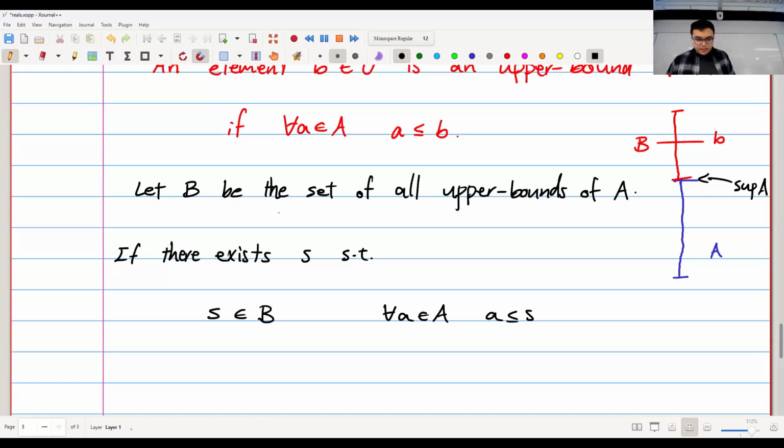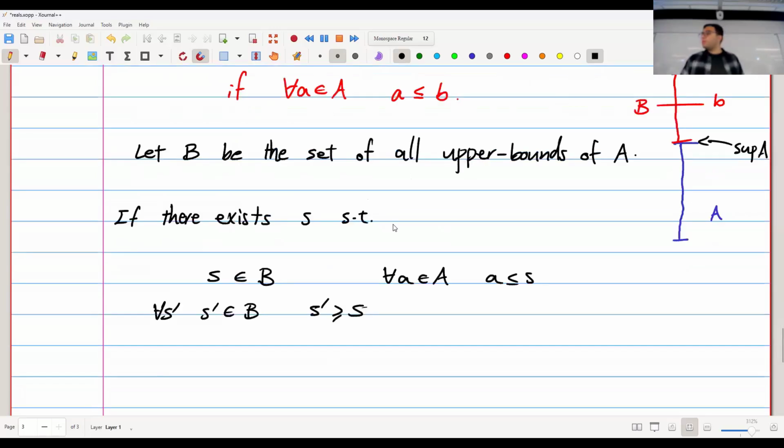So I want to say that for every other S prime, if S prime is in B, then S prime is bigger than or equal to S. If I have an S like this, then I call S the supremum of A.